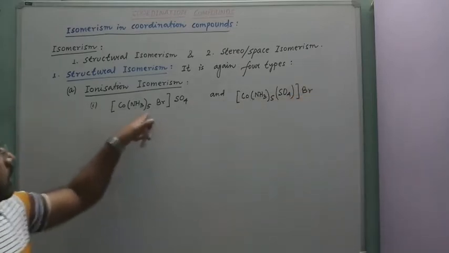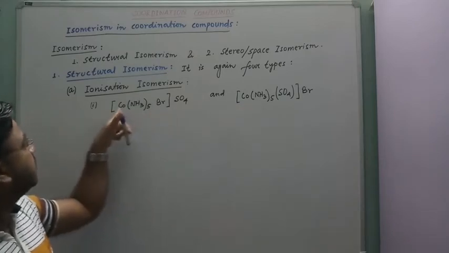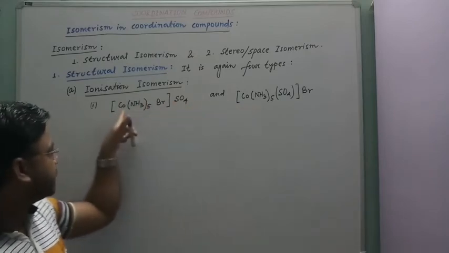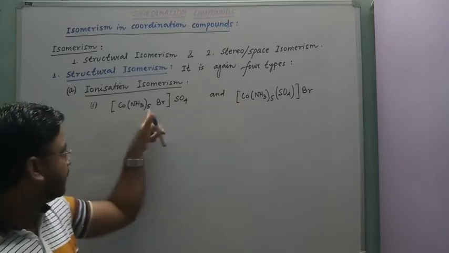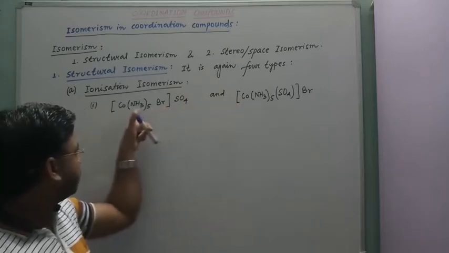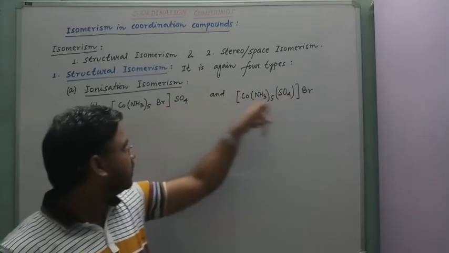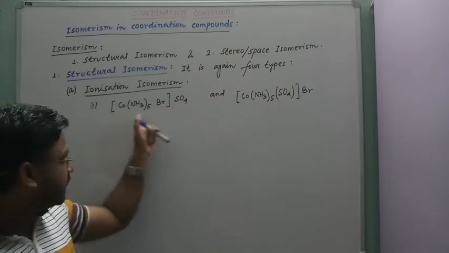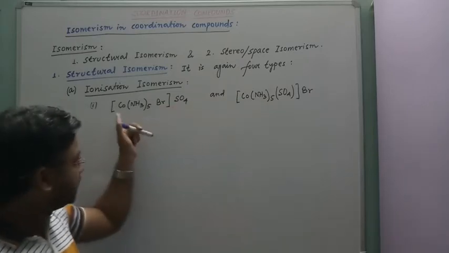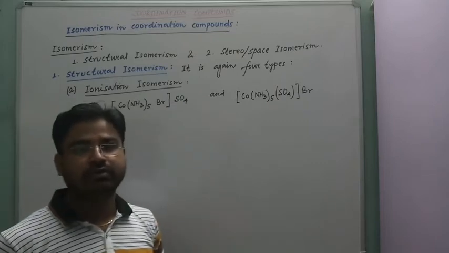You see, both the compounds have the same composition. Co is the central atom, with 5 NH3 molecules, that is 5 ammine, 1 Br, and 1 SO4. So they have the same composition, but they give different ions in solution.